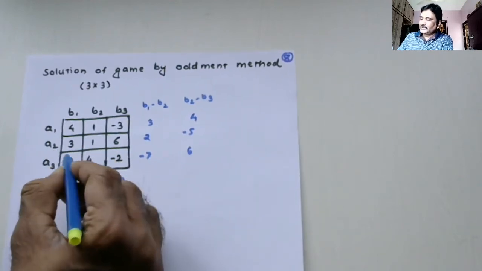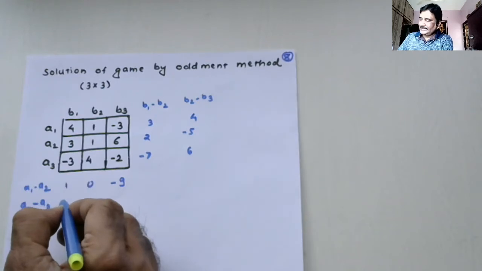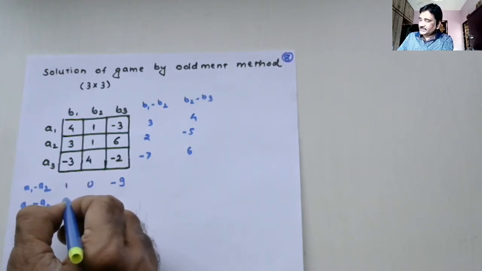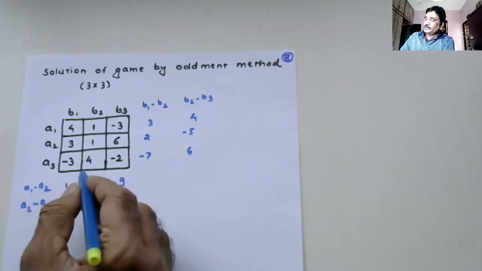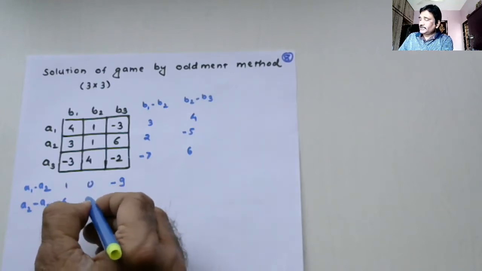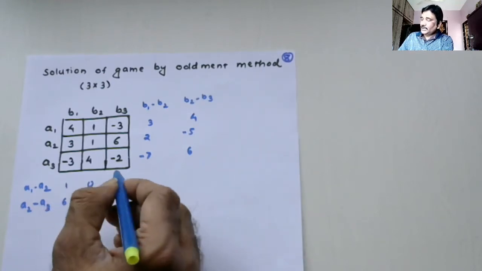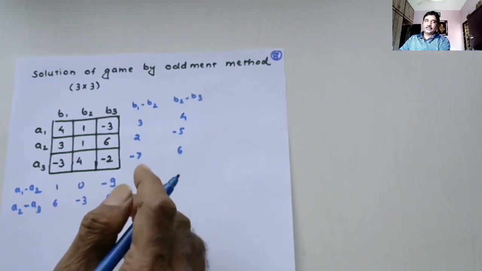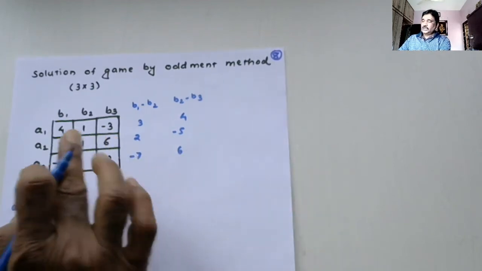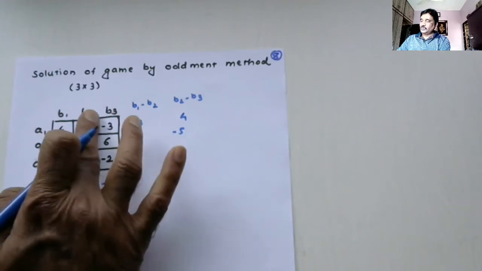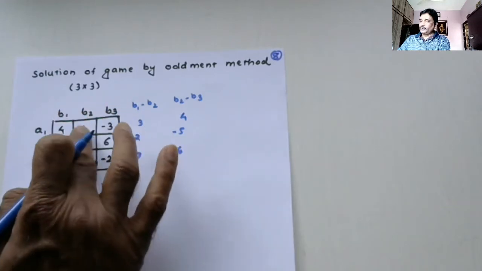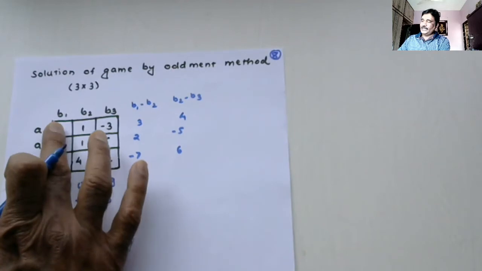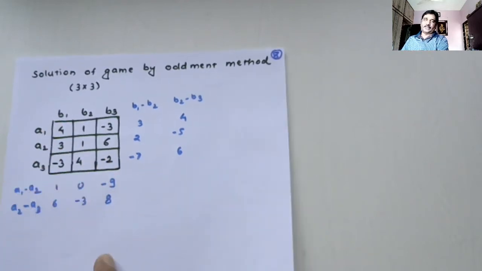Then a2 minus a3: 3 minus 3, that is 0, 1 minus 4 is minus 3, and 6 minus 2 is 4. Okay, so you have understood, we have taken the difference between two columns, b1 and b2, then b2 and b3, and here a1 and a2, a2 and a3.